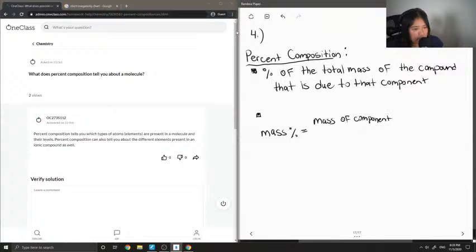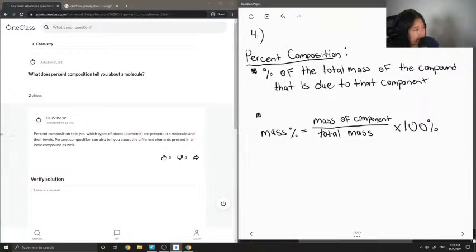It can be an element or a whole compound. Basically it's the mass of that component divided by the total mass times 100. Okay, so that gives you percent composition.